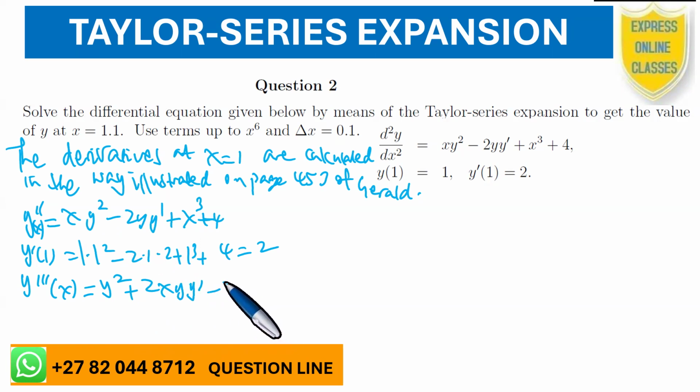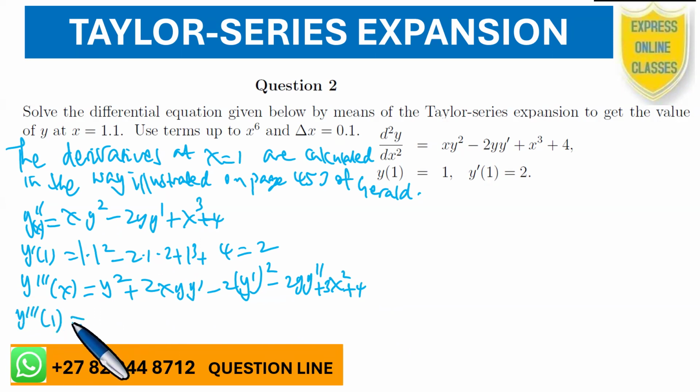And this is minus 2y primed squared minus 2y y double primed plus 3x squared plus 4. Okay, and then now you can get this one. Y triple primed at 1, which is 1 plus 4 minus 8 minus 4 plus 3, and the answer is negative 4. Okay, now that gives us the Taylor series expansion.